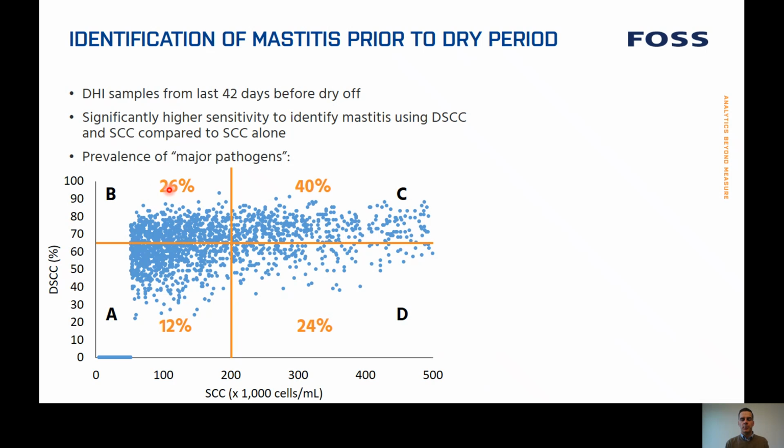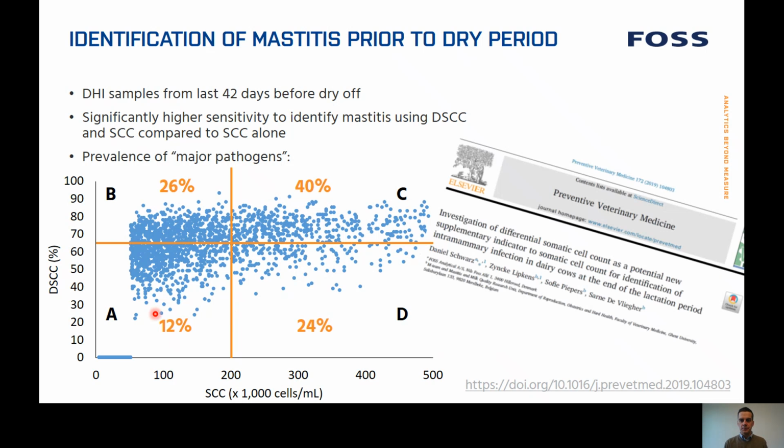It was at 26%. And the highest prevalence was actually found in group C at 40%. Group D was at 24%. So we see that cows in groups B, C, and D are clearly more infected than those in A, and the prevalence is quite low in A.